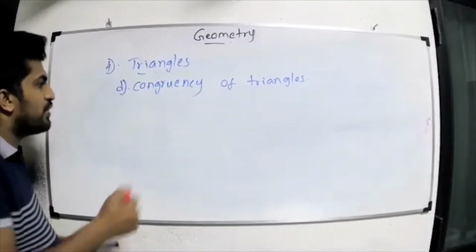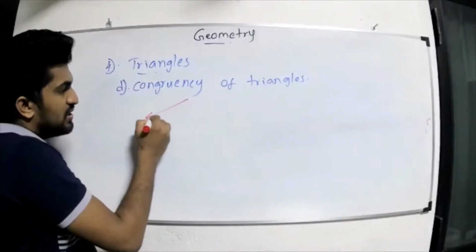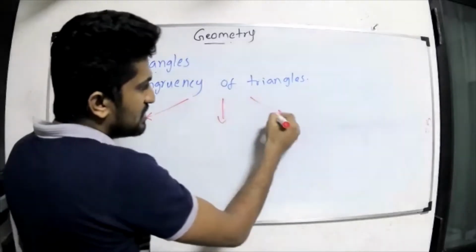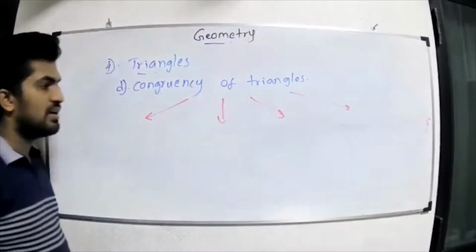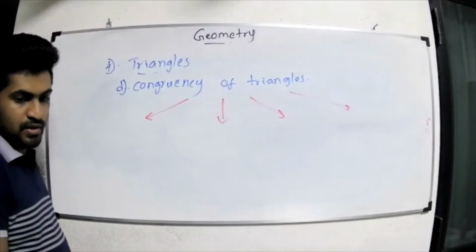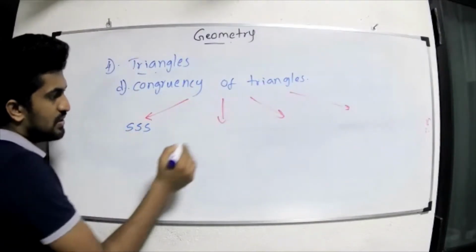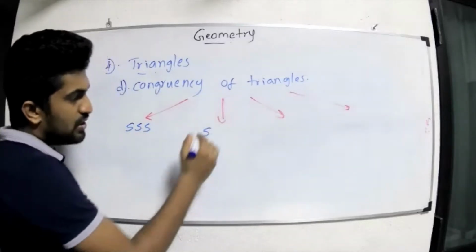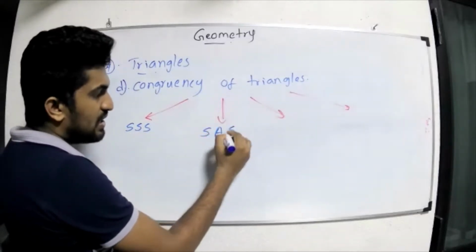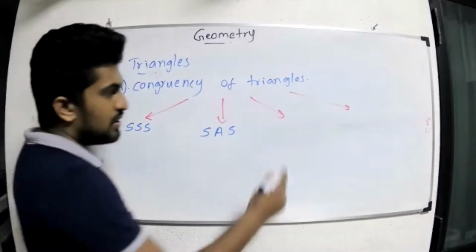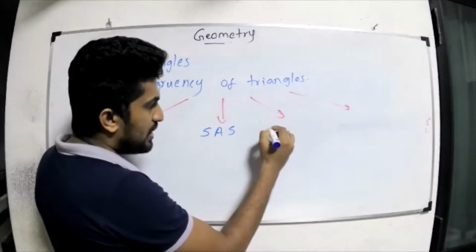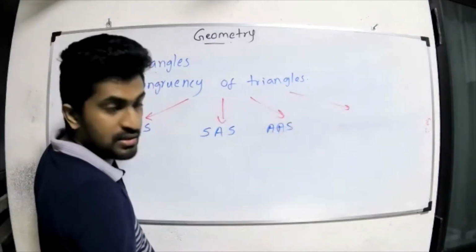How can you prove that two triangles are identical to each other? There are 4 methods. What are those 4 methods? First one is SSS. Second one is side, angle, side. Next one is angle, side.